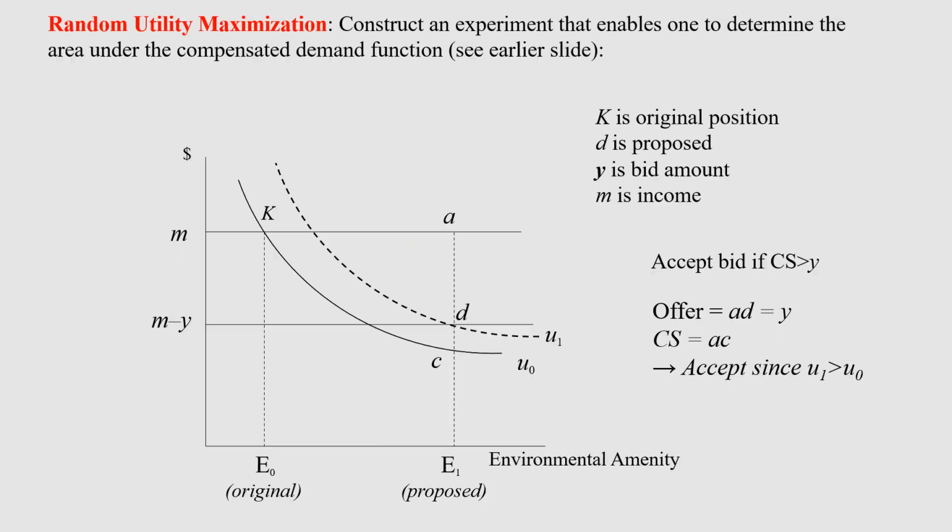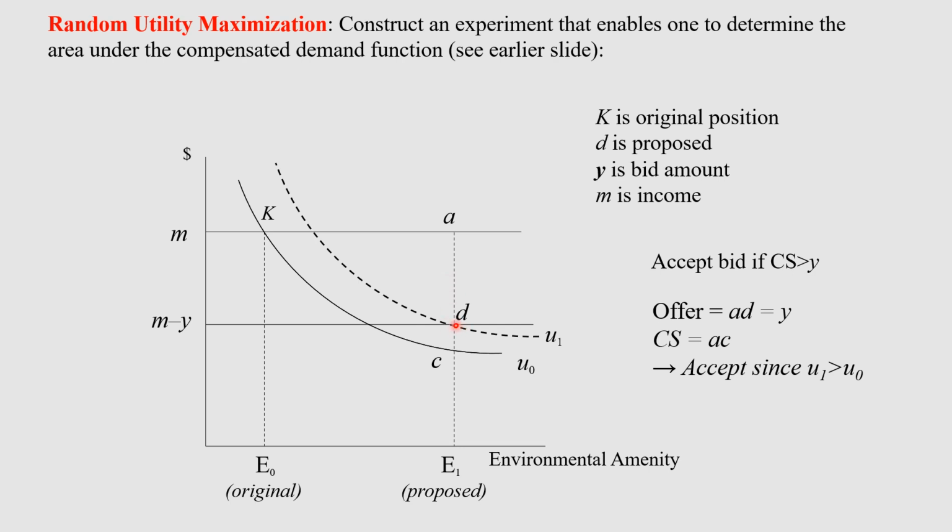That's the key here. So what we want to do when we use this random utility maximization model, we want to construct an experiment that enables us to determine the area under the compensated demand function that we saw in an earlier slide. So here we have two indifference curves, one U0 and the other one U1, and K is the original position and D is a proposed position.